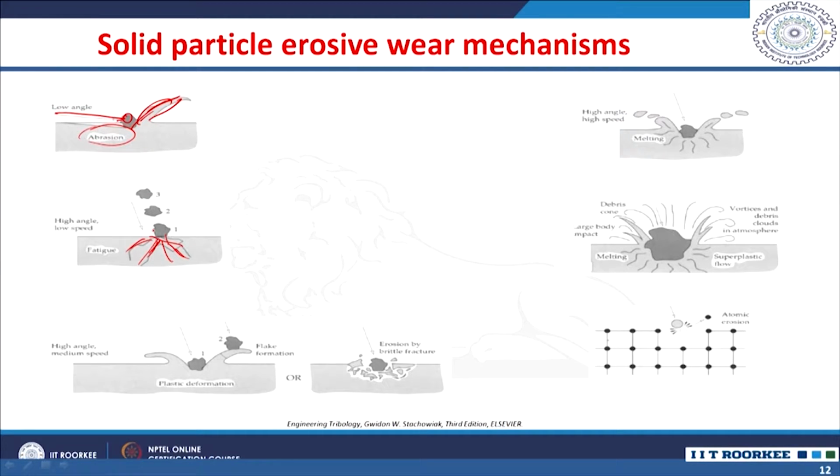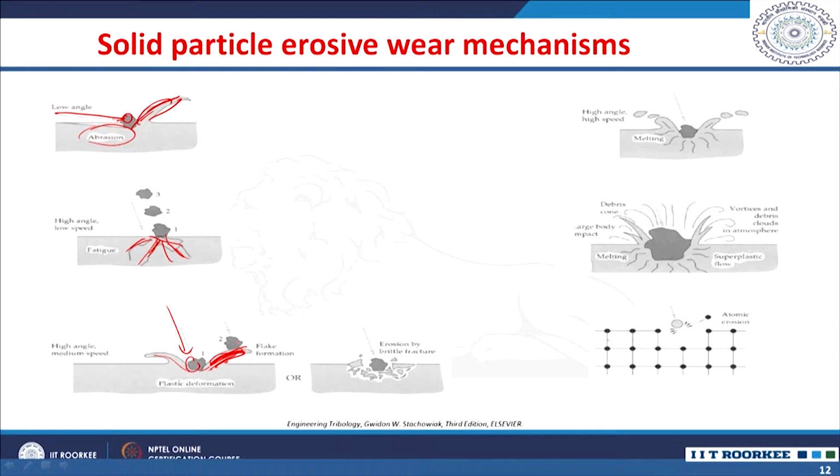So, fatigue actually contributes to the erosive wear, or the solid particles impinging at very high angles like 90 degrees but with a medium speed, then you will have plastic deformation of the surface, which leads to flake formation or thin sheet-like material removal, right.